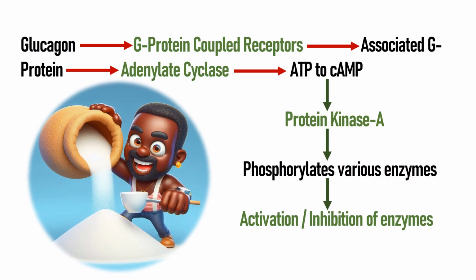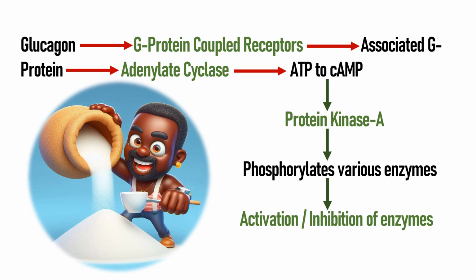Mechanism of action of glucagon. Glucagon exerts its effects by binding to specific glucagon receptors located primarily on liver cells. These receptors are G-protein coupled receptors, which play a crucial role in transducing the extracellular signal into intracellular actions. When glucagon binds to its receptor, it activates the associated G-protein, specifically the Gs protein.